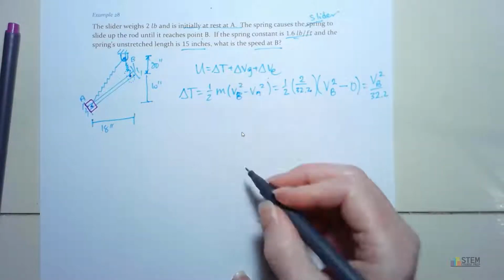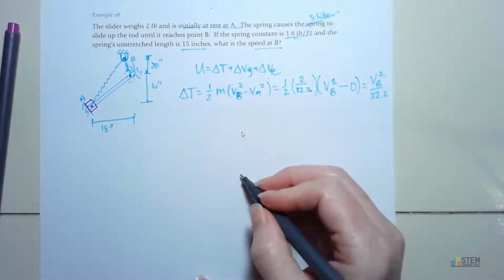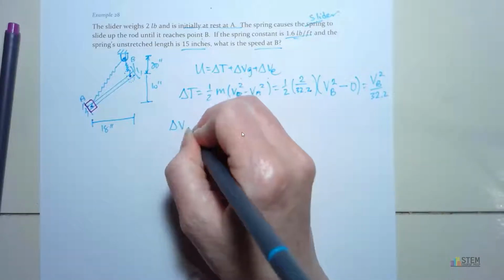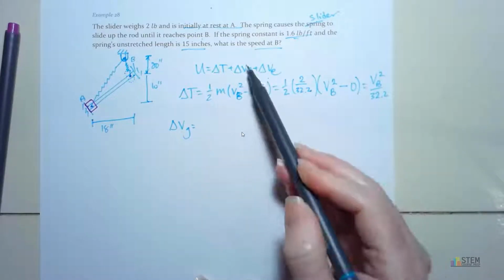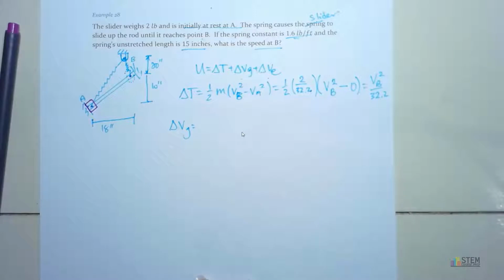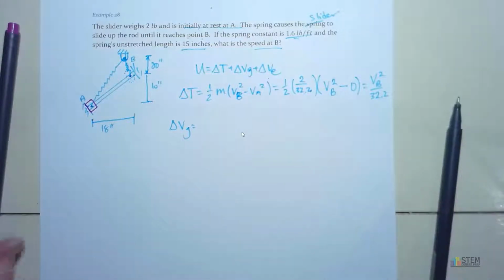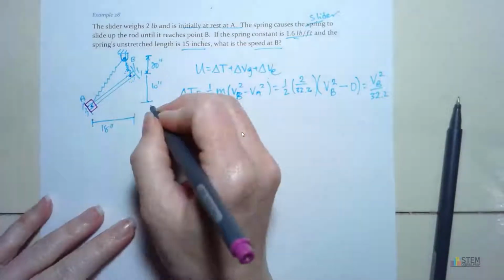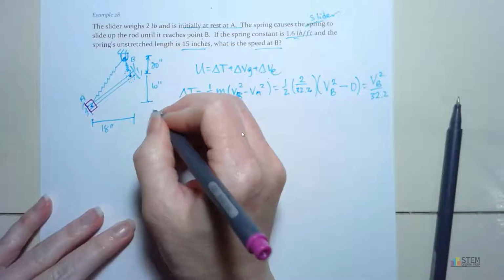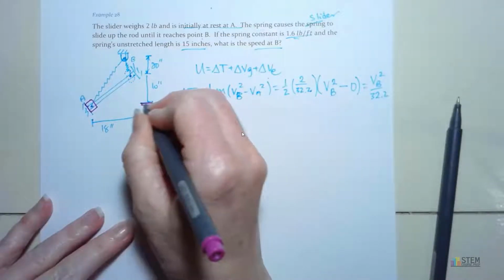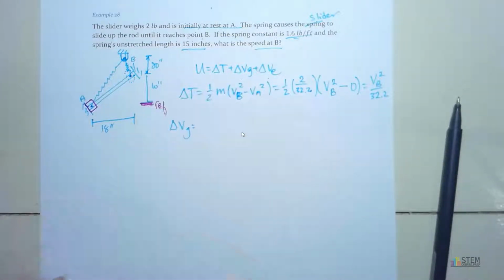Now let's do delta VG. Now when you're doing this one right here, you're going to have to come up with a reference point. And you're going to measure your heights from that same point for the whole problem. All right, so I'm going to make this right here be my reference point.